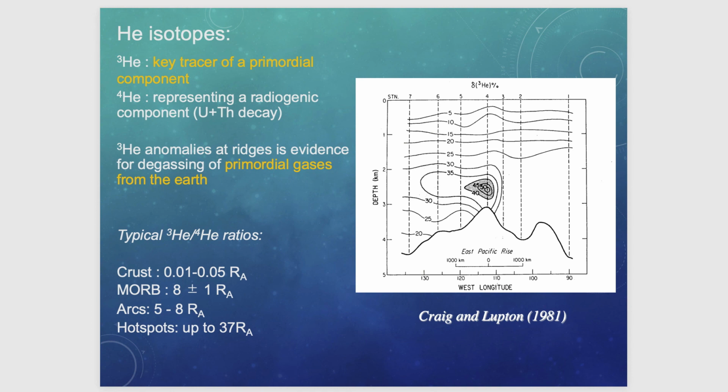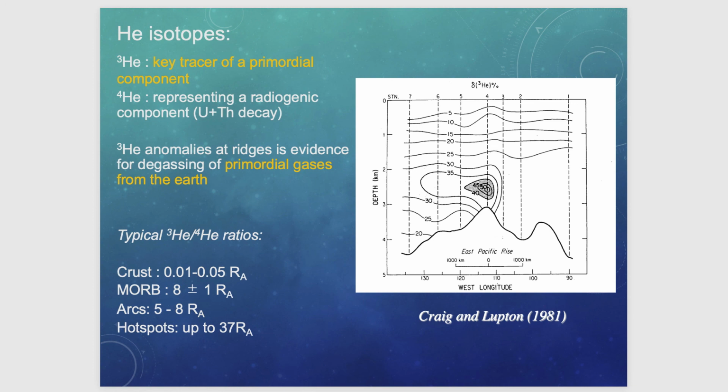Another way to apply helium isotopes, the same ratio that we were seeing that we use to differentiate different types of basalts depending on their source.